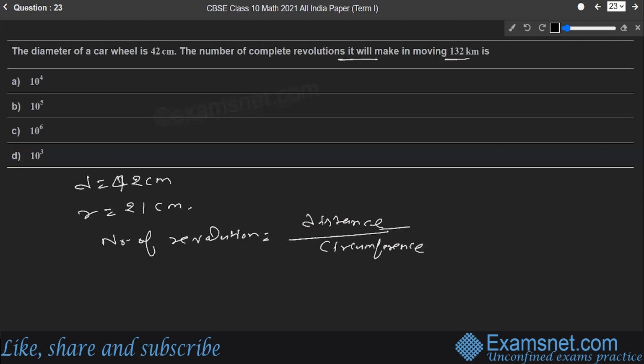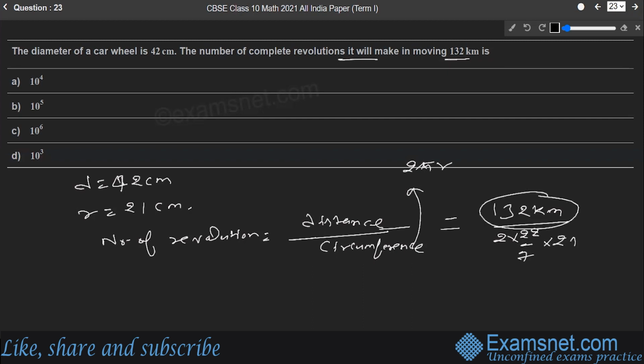Now what is the distance traveled? It's simply 132 kilometer. And the circumference of any circle is given by 2 pi r. So it is going to be 2 into 22 by 7 into 21.